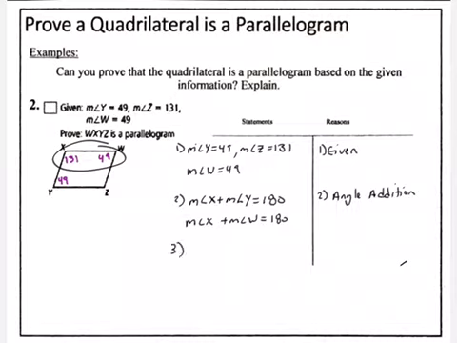So now that we know that those are both adding up to 180, we can go ahead and say that angle X and angle Y are supplementary. We also know that angle X and angle W are also supplementary. That's just definition of supplementary.